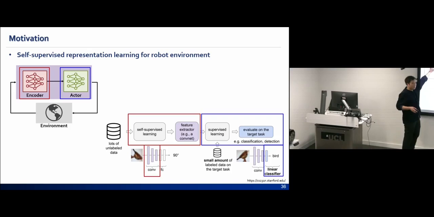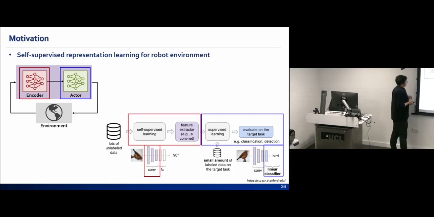Here we obtain a representation that can be generally applicable to diverse robotic tasks, and here a representation applicable to diverse computer vision tasks. Then we add some extra layers here to perform different recognition tasks, and here we add extra layers to come up with a target manipulation task.